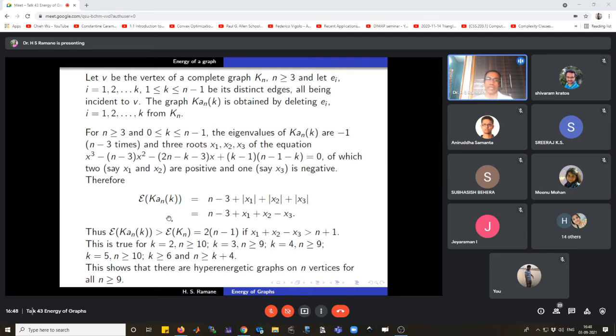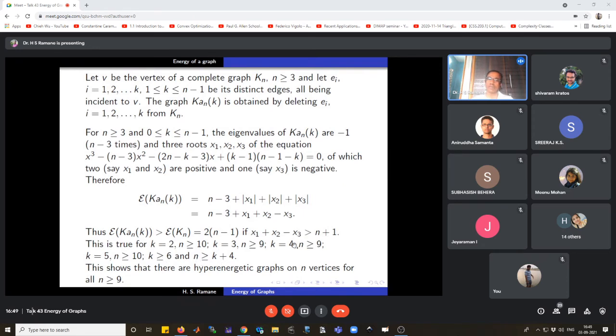And the energy of K_n^k is more than the energy of the complete graph, 2 times n minus 1, if this quantity n minus 3 plus x1 plus x2 minus x3 is more than 2 into n minus 1. So it turns to x1 plus x2 minus x3 greater than n plus 1. And this is true for k is 2, n more than 10; k is 3, n more than 9; k is 4, n more than 9; k is 5, n more than 9; k greater than or equal to 6, and n greater than or equal to k plus 4.